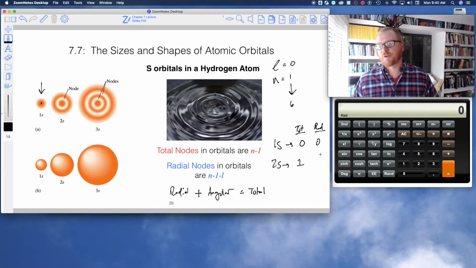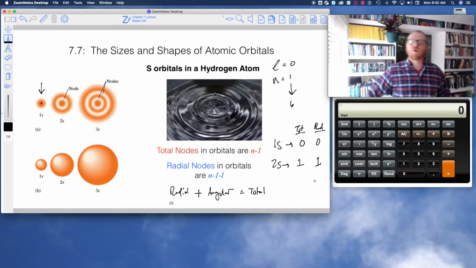And so obviously for the 1s, it's going to be 0. But what about 2s? Well, if it's 2s, L is equal to 0 and n is equal to 2, right? So that becomes 2 minus 1 minus 0, which means 2s has 0 angular nodes, but 1 radial node.